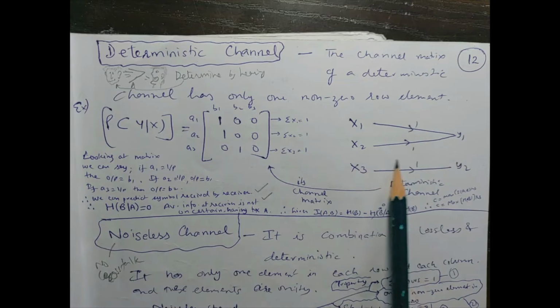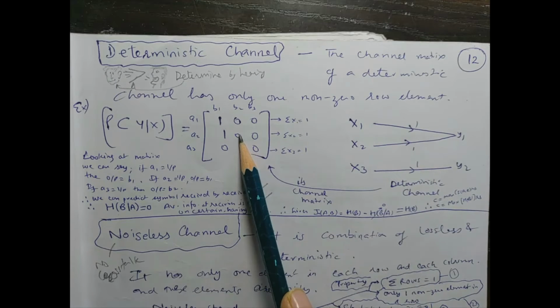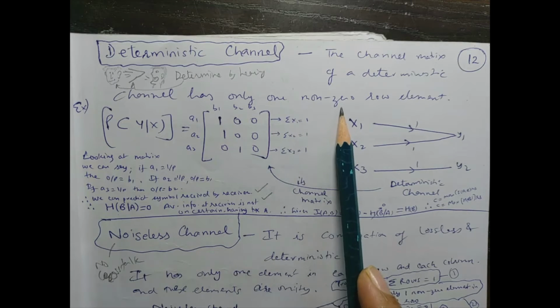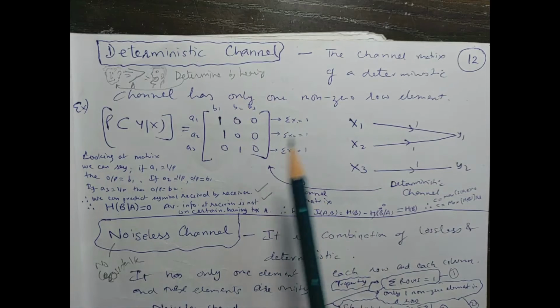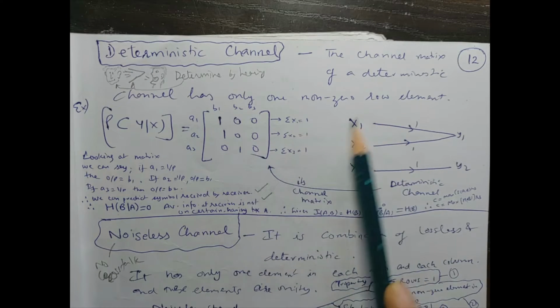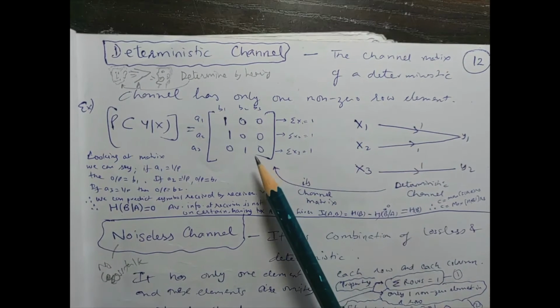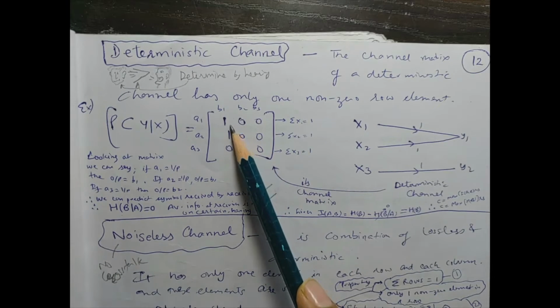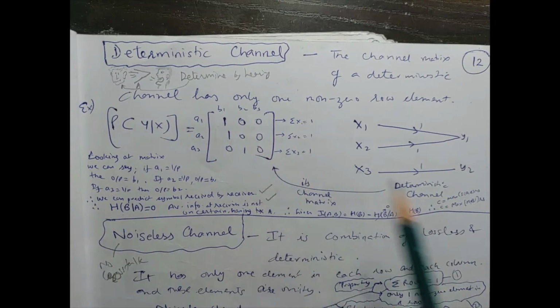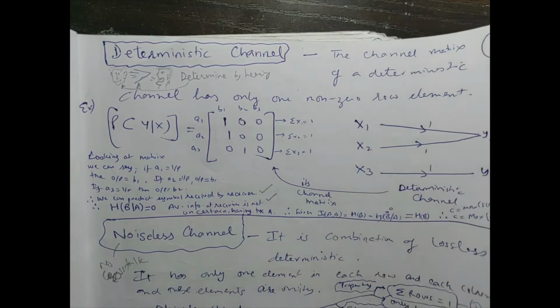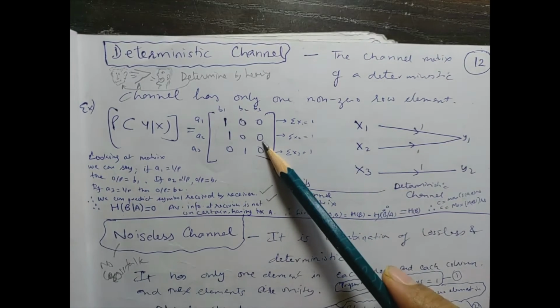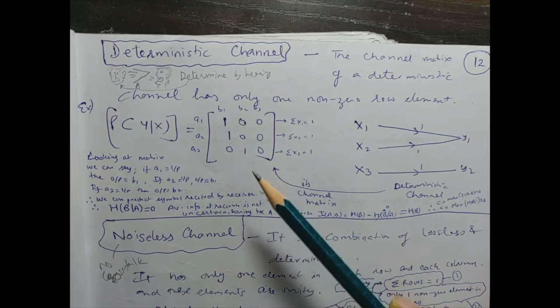If this drawing is kept in mind, you can again generate this, and from this you can say rows will have single non-zero elements. So that is a deterministic channel. So how do you populate? First you remember this, then how do you make a matrix? Channel matrix general format you will remember. I need not show you again. In the initial part of this video I have already shown you the channel matrix.